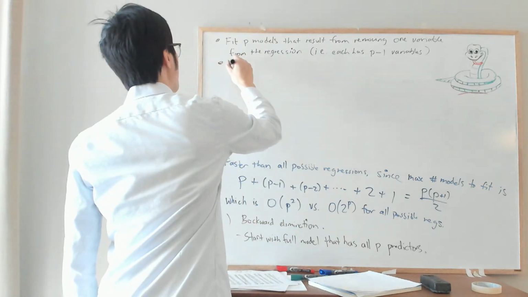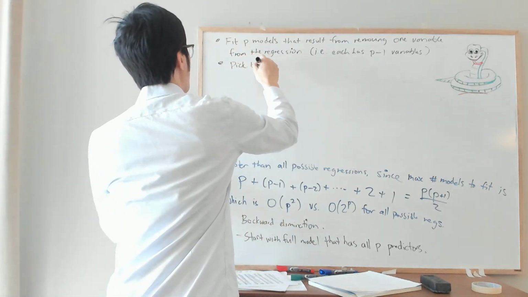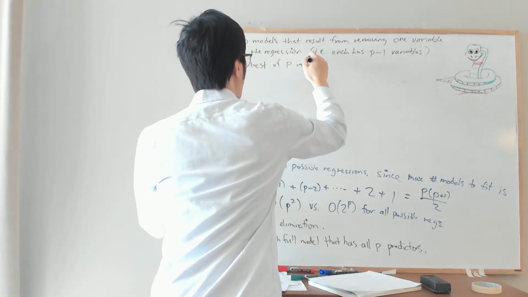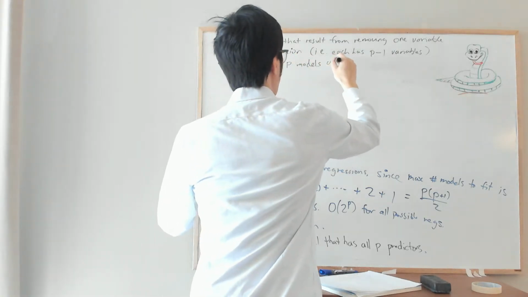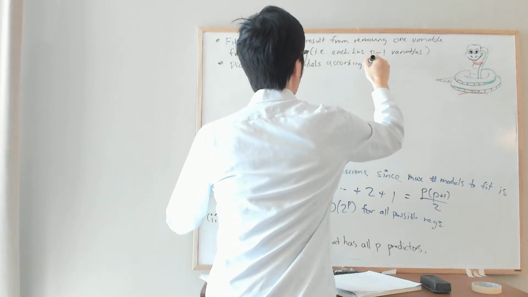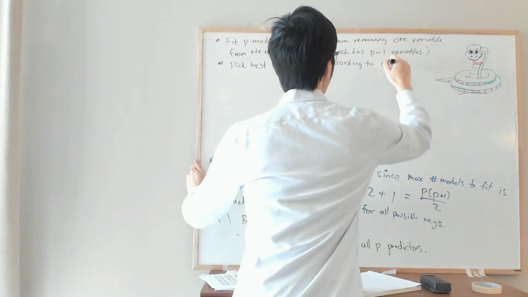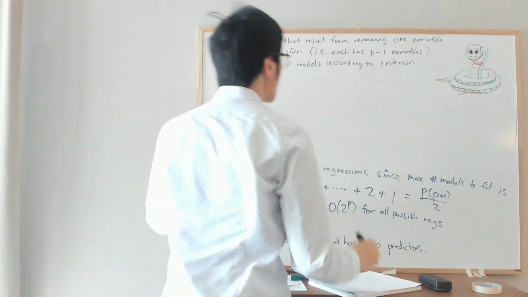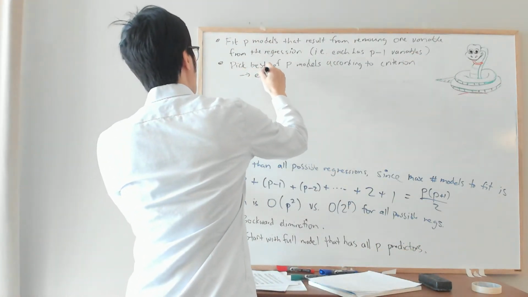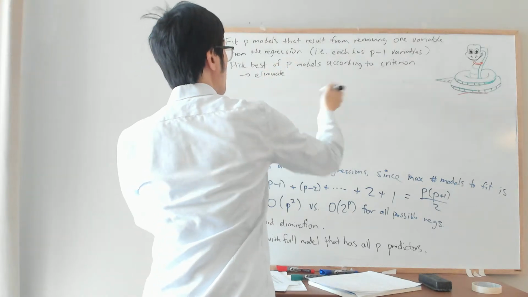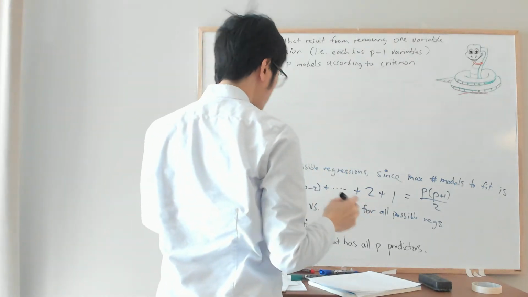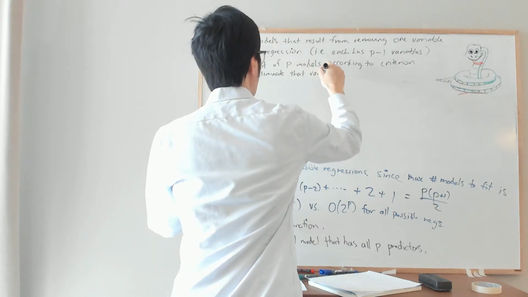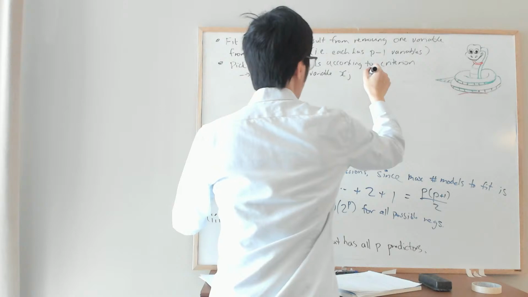So now we just pick the best of the P models according to the criterion we choose, and then we eliminate that variable. Let's call it xj, from the model.